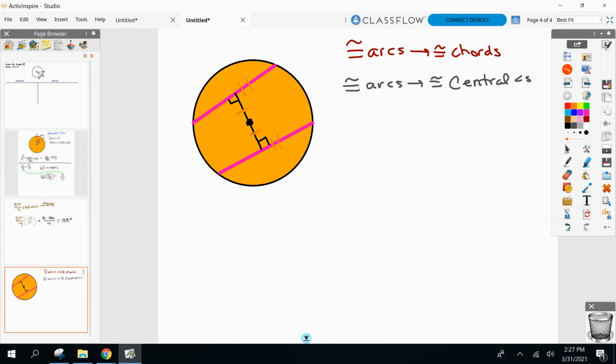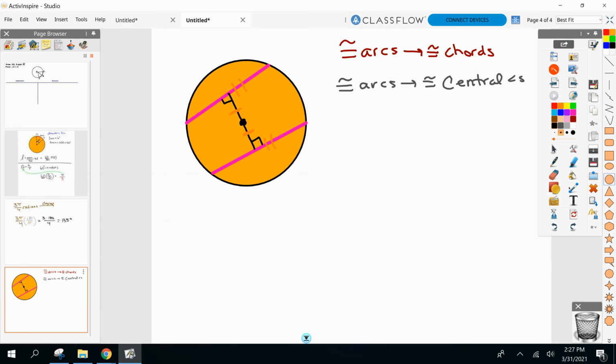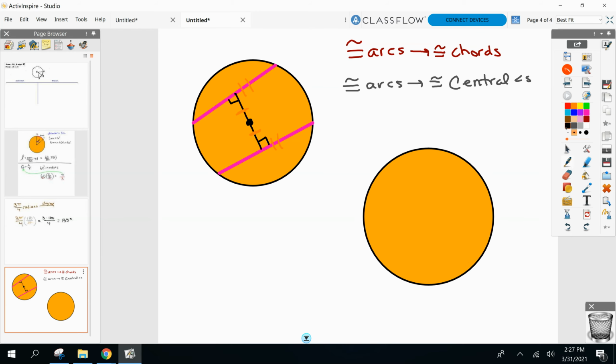What's the theorem that with the inscribed angles, if they open to the same arc, then the angles are congruent? Two inscribed angles drawn to the same arc are congruent.